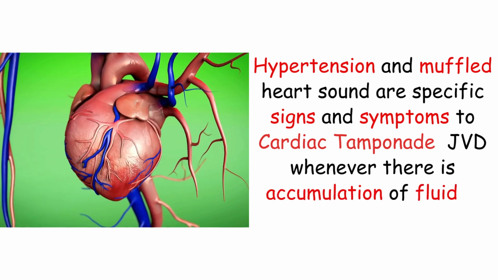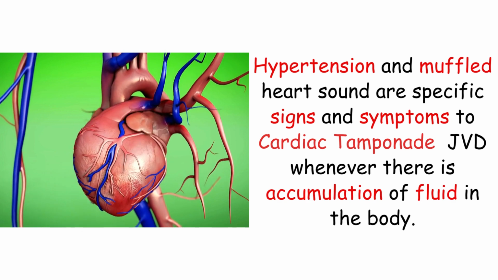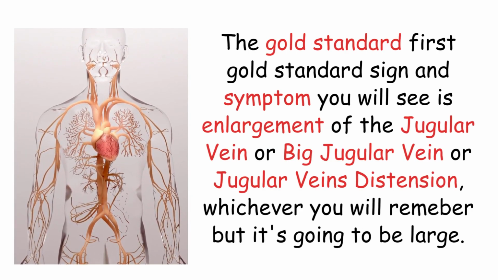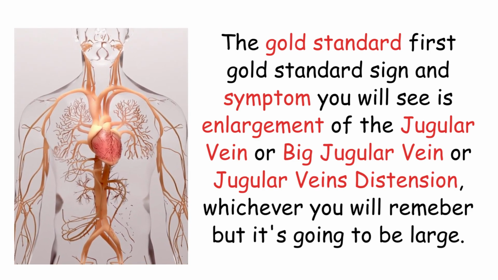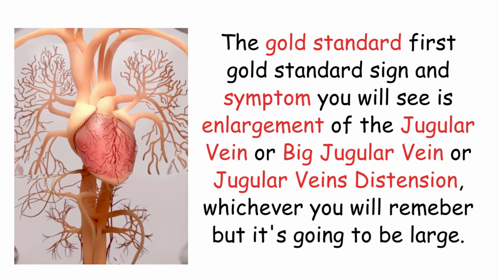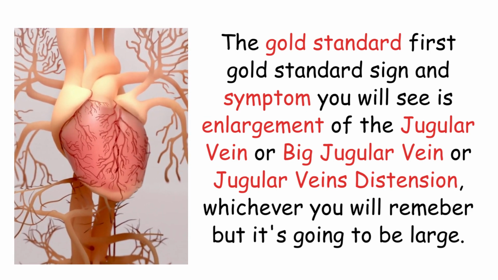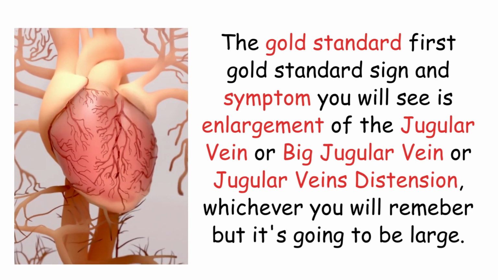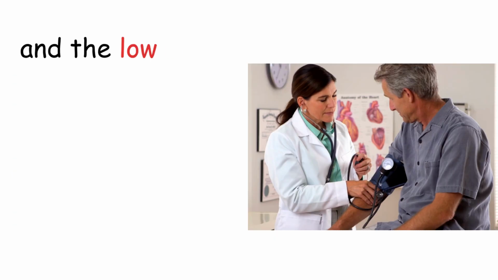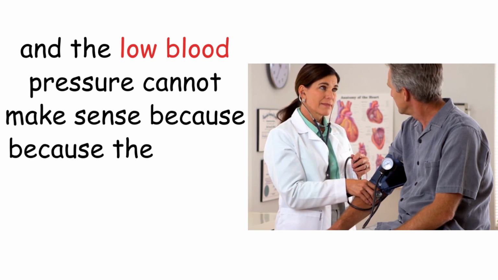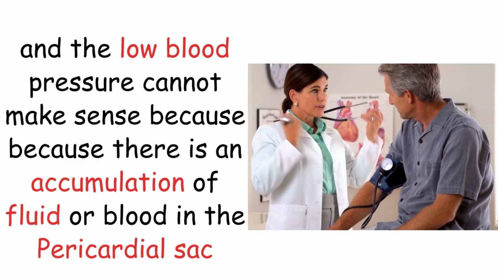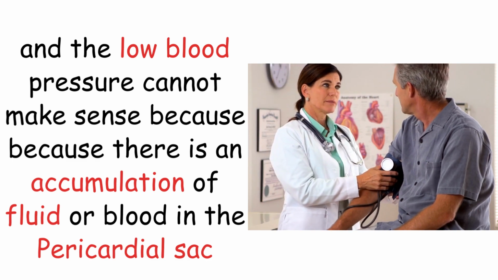JVD, whenever there is accumulation of fluid in the body, the first gold standard sign and symptom you will see is enlargement of the jugular vein, or big jugular vein, or jugular vein distension, whichever you will remember, but it's going to be large. And the low blood pressure kind of makes sense because there is an accumulation of fluid or blood in the pericardial sac.